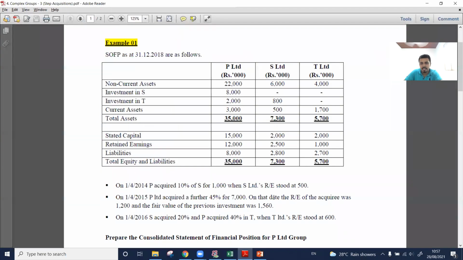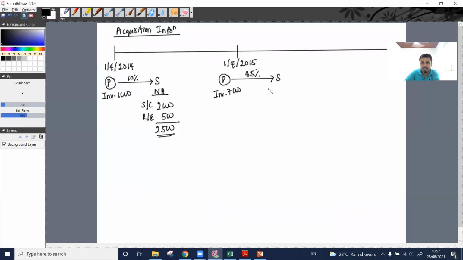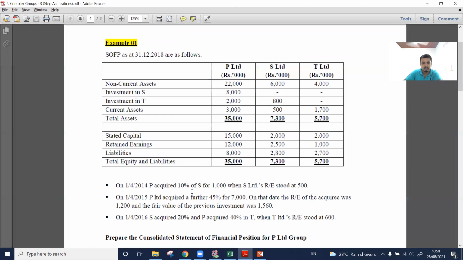And on that date, the retained earnings of the acquiree was 1,200. On this date, retained earnings as at this date was 1,200.